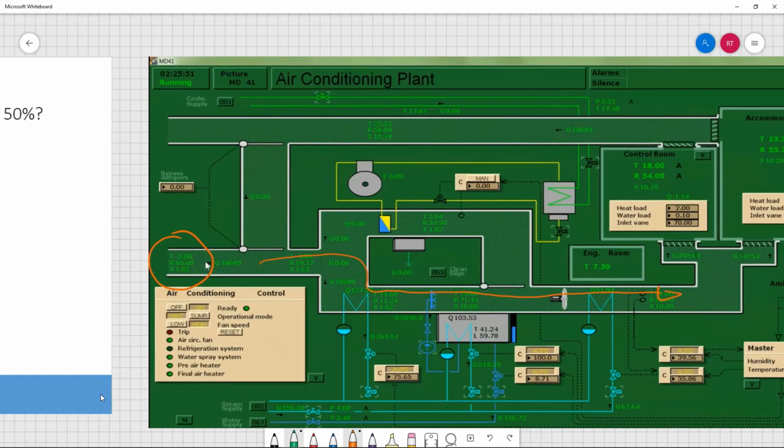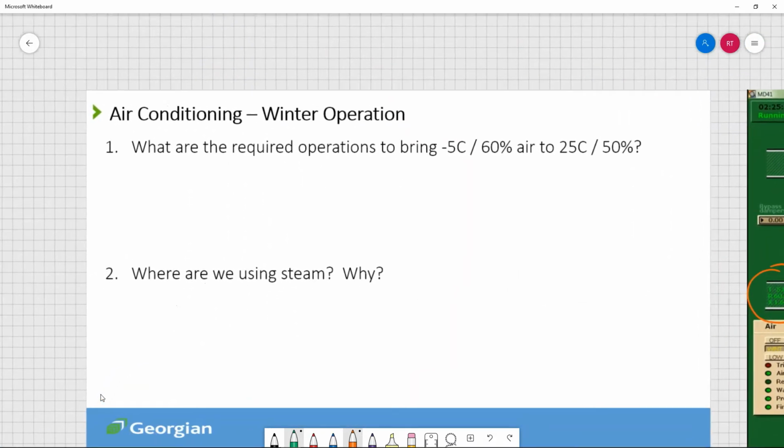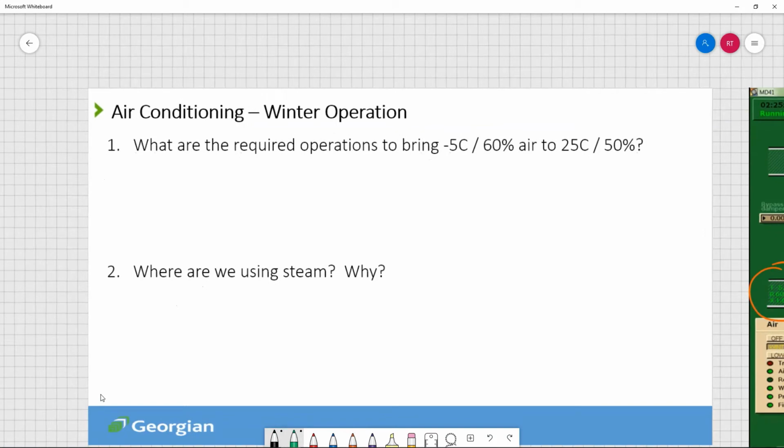So we had preheater, we had humidification, and then we had final heating.